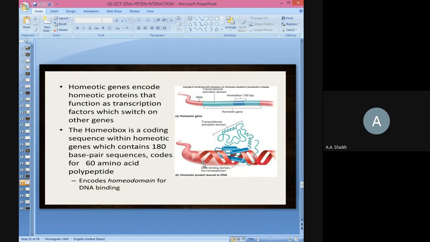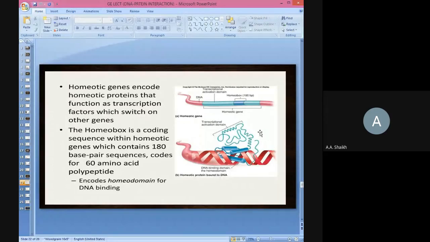So this is the DNA. In the red one, it is indicated with the DNA, and this is the complete transcriptional activation domain. And this is how the three important regions of the homeodomain interact with the DNA binding domain, or interact with the DNA, with its total three domains.